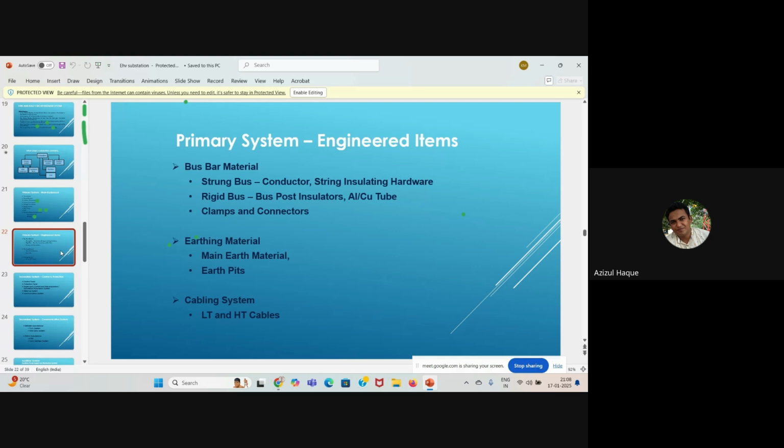Again, suppose a conductor is to be connected, the main bus isolator will be connected to the main bus through a conductor. Then what will be the approach of this conductor when it is connecting to the isolator end? Whether it is coming vertically to the isolator or horizontally to the isolator, depending upon that, the design of the connector will change.